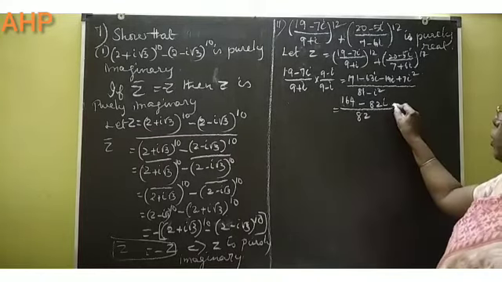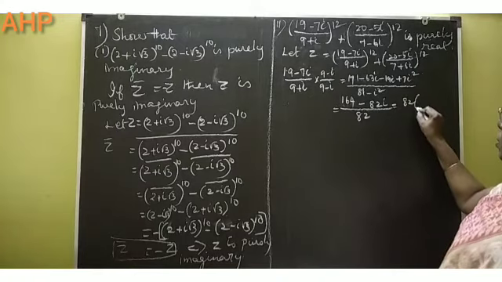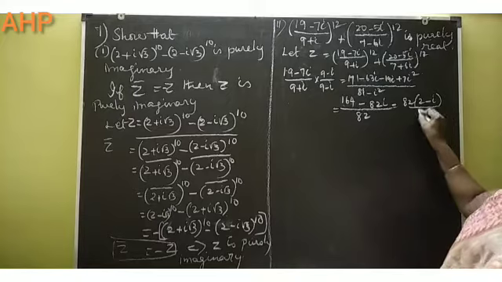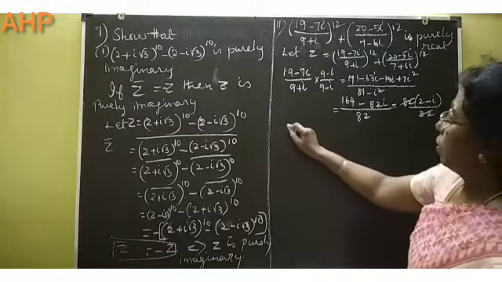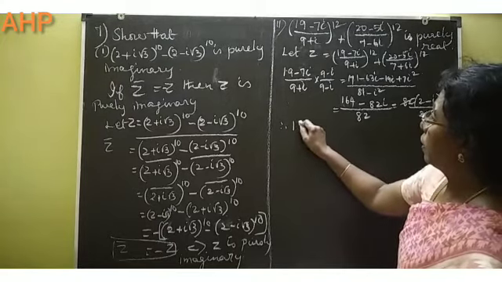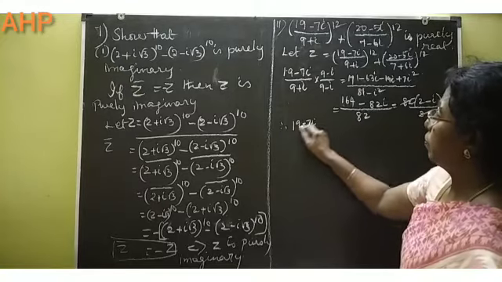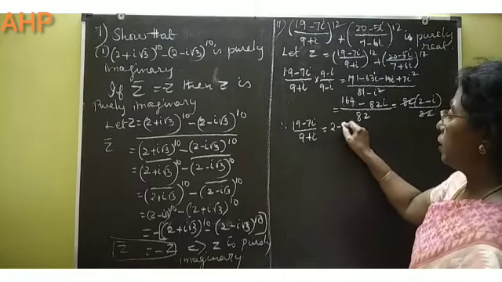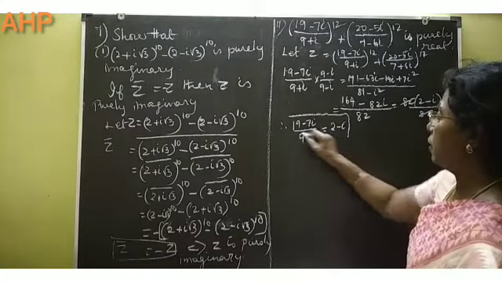So here 82 can be taken common outside. This will become 2 minus i divided by 82. 82 gets cancelled. Therefore, 19 minus 7i by 9 plus i is equal to 2 minus i. We have written this in rectangular form.